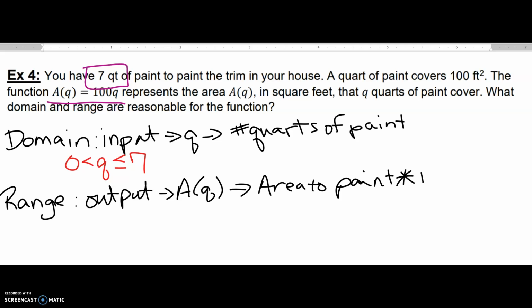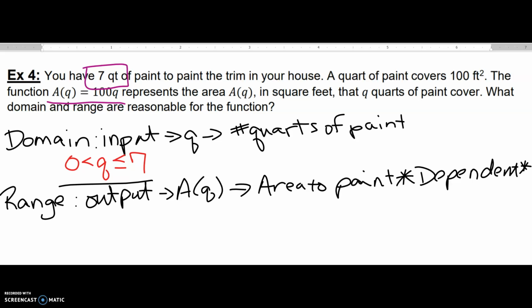Again, this is dependent on what our x values are. So in order to find out what our y values can be, or our range can be, we're going to have to go back and look at that domain and only use those numbers.